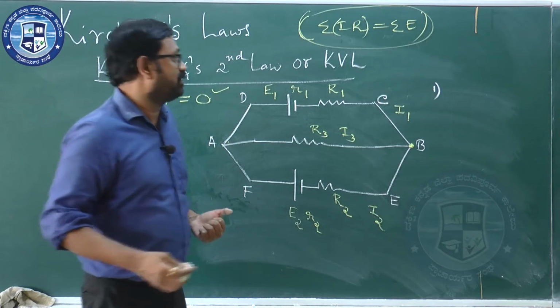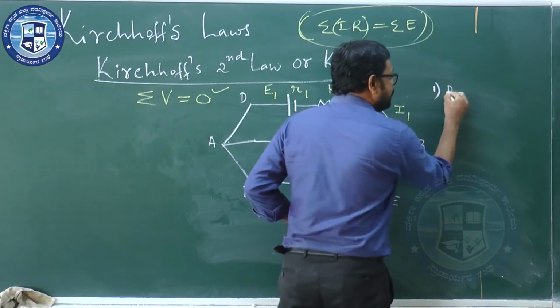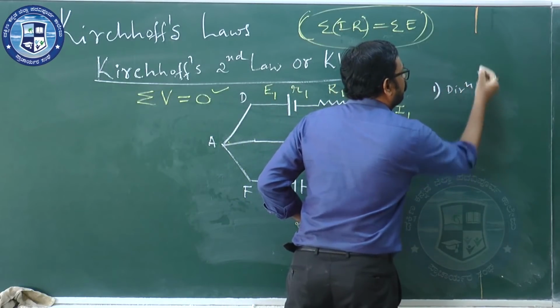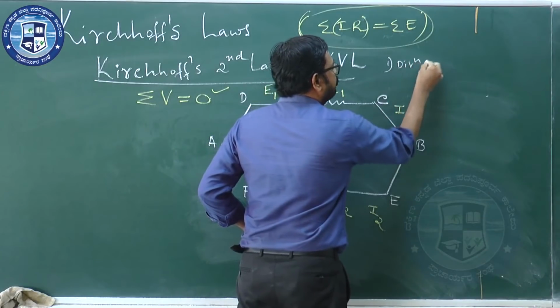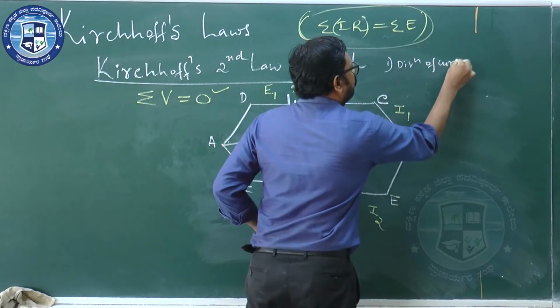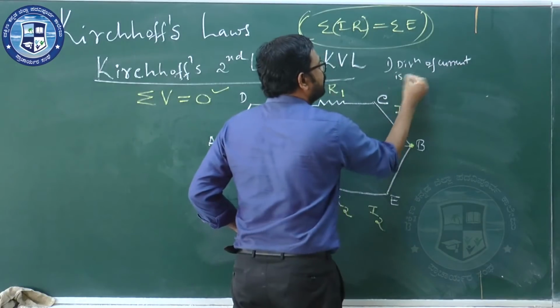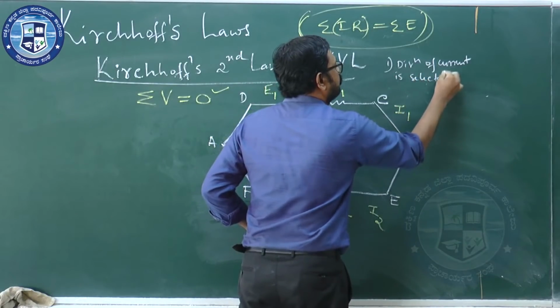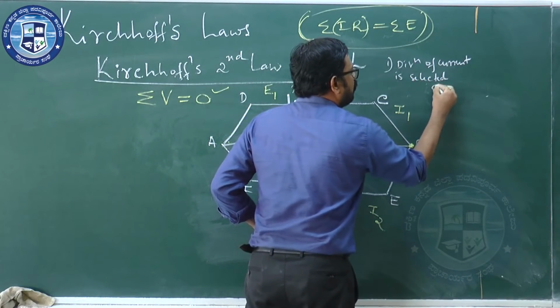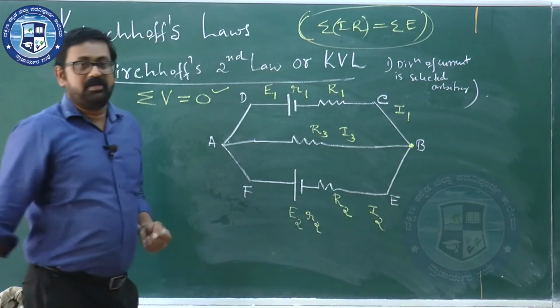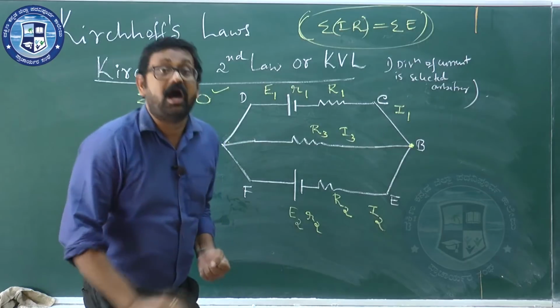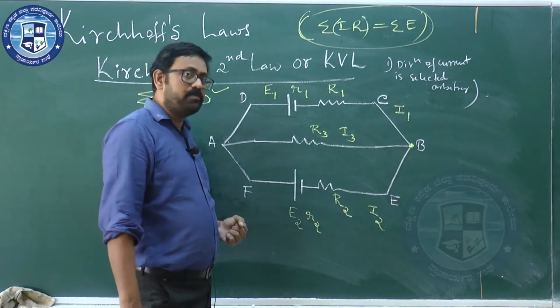The direction of the current is selected arbitrarily. What do you mean by that?